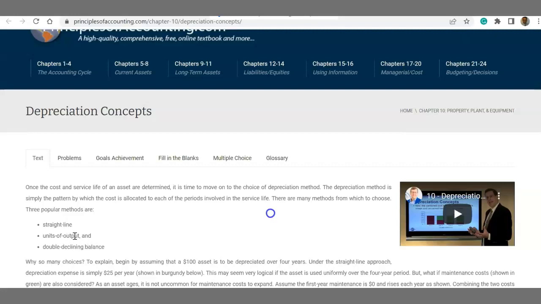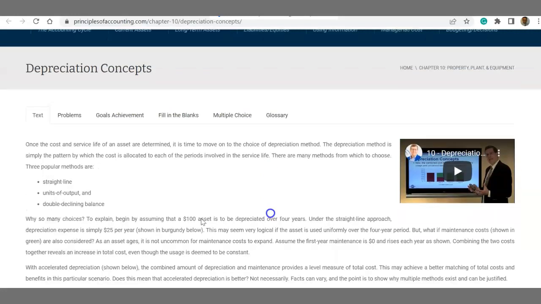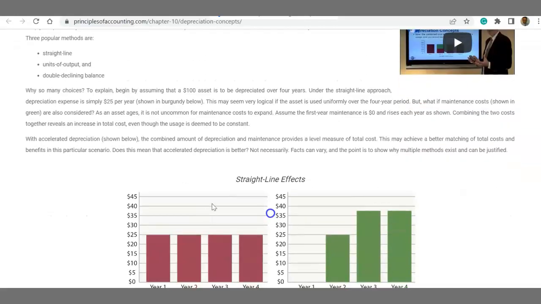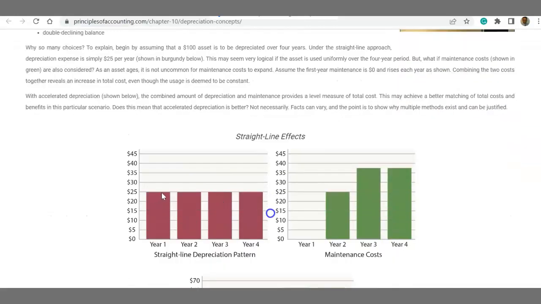But if you use units of output, then definitely tax depreciation expense will be different than your book depreciation expense. Units of output is based on how many units you use for that specific product, like equipment.